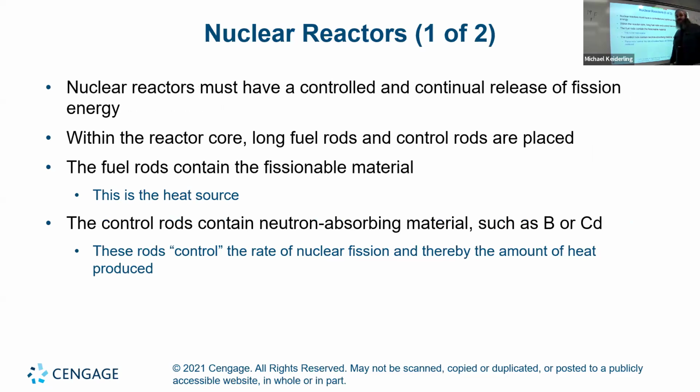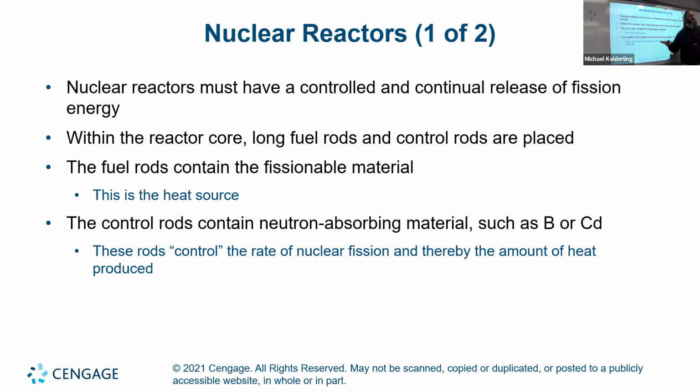Nuclear reactors, on the other hand, need to have a controlled and continual release of fission energy. You don't even want things to go out of control. The stuff in a nuclear reactor cannot cause a nuclear explosion. So you have long fuel rods and control rods. The fuel rods contain a fissionable material, and the control rods contain a neutron-absorbing material, such as boron or cadmium.